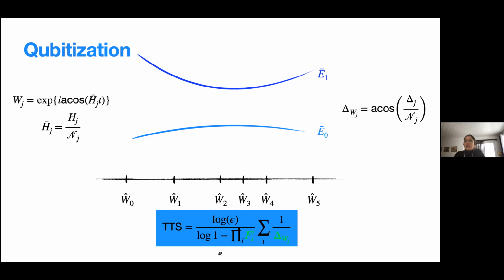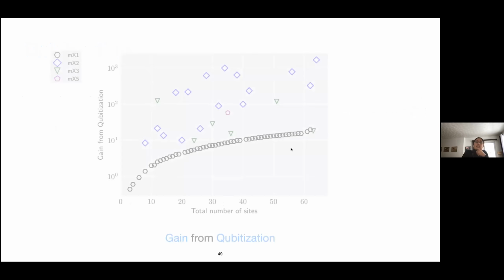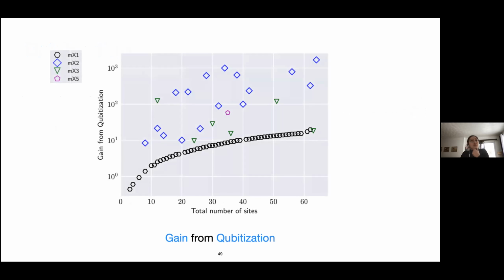So actually, it's not clear if we may need a higher number of measurements, because the probability will now be lower. Again, from this formula alone, it's not clear if we'll have a gain or not. So we did some simulations, and again we have a great improvement from using qubitization.